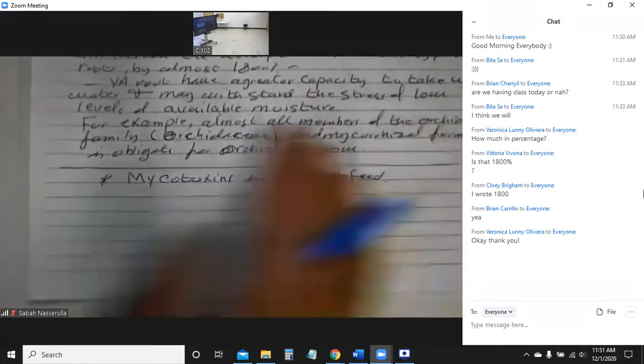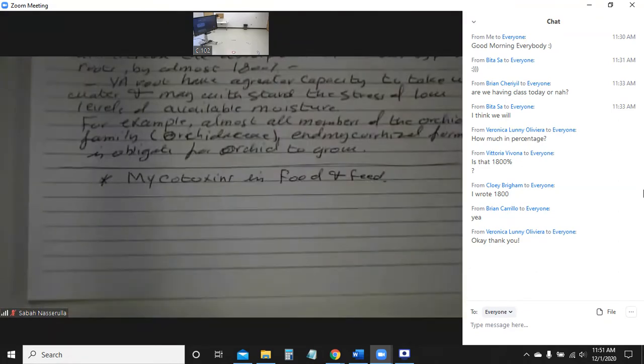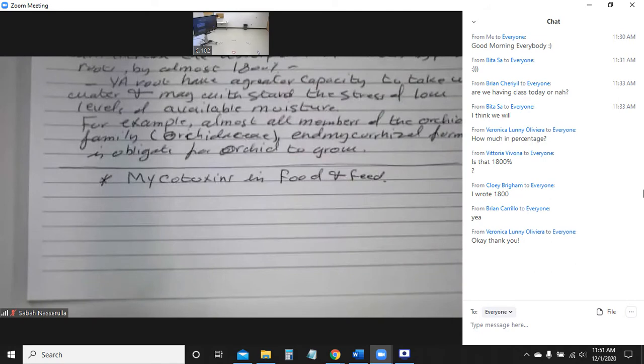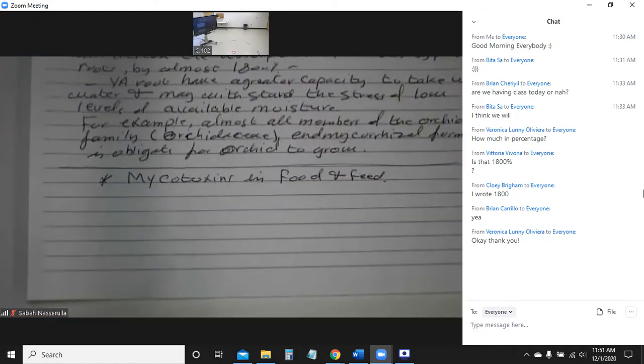As I already mentioned, some fungi produce various kinds of phenolic compounds, either coumarins or flavonoids or others. These can be produced in large amounts in some food, and that food becomes quite toxic.